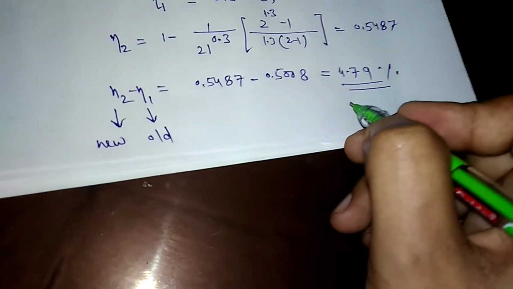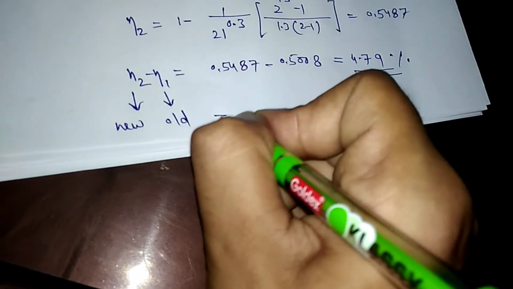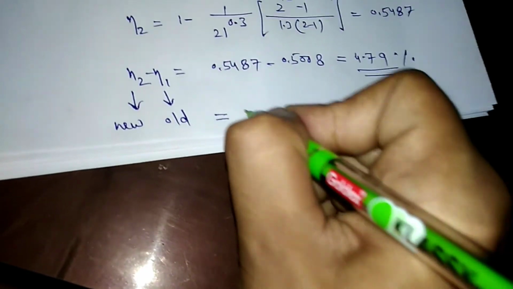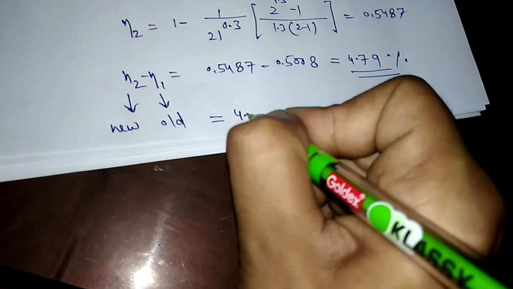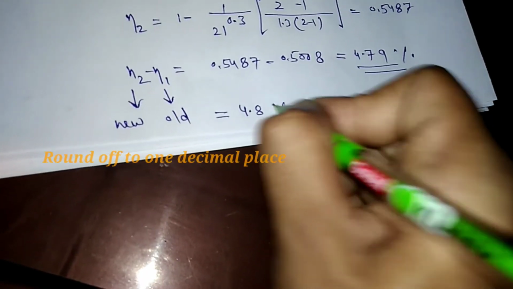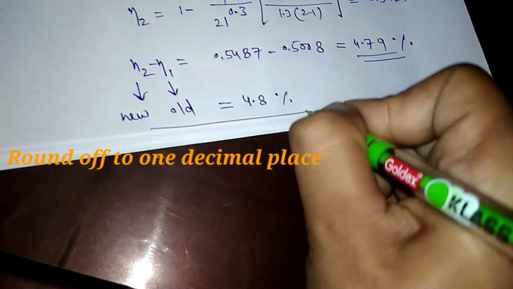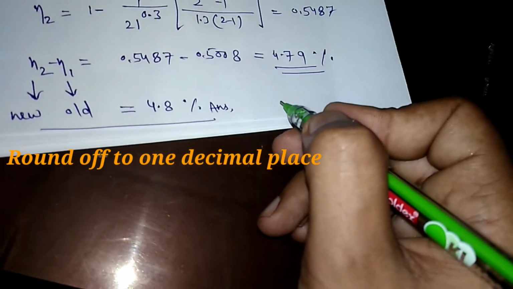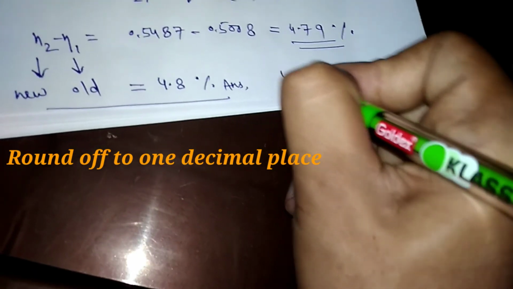So our final answer will be equal to 4.8%. This is our answer, and according to the GATE answer key, the answer of this question was given as 4.6 to 4.9%.